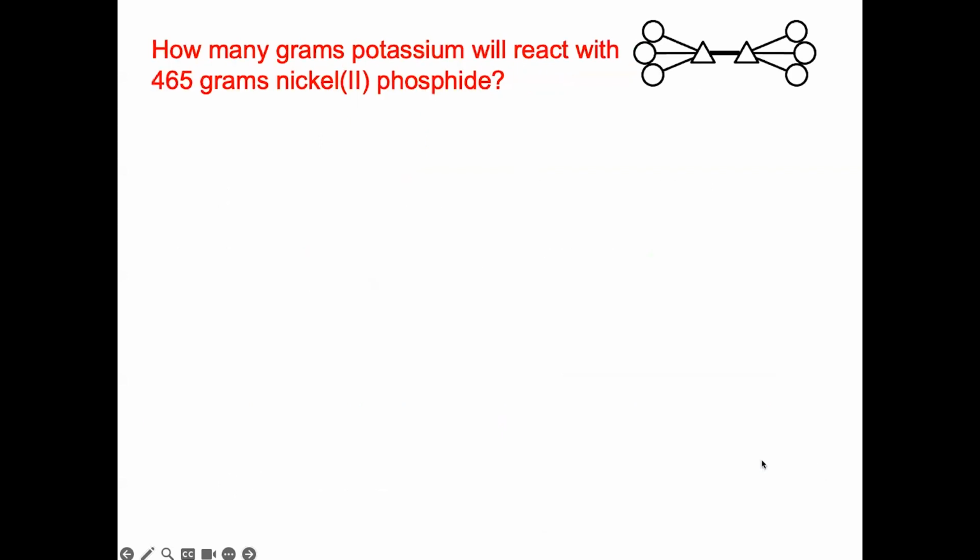Okay. Next one. How many grams of potassium will react with 465 grams of nickel phosphide here? Okay. So here, nickel 2. This means it'll carry a +2 charge. Is that clear? So what kind of formula can we formulate here? They didn't give you anything, right?